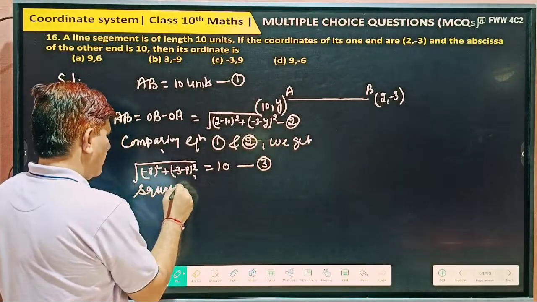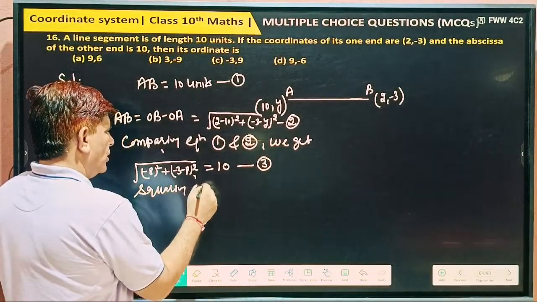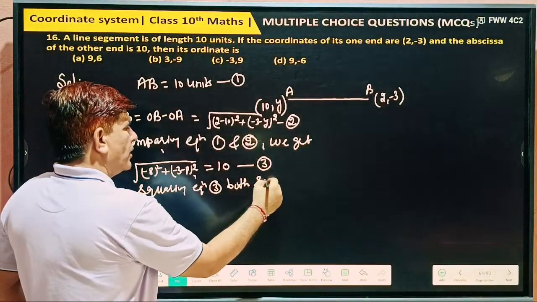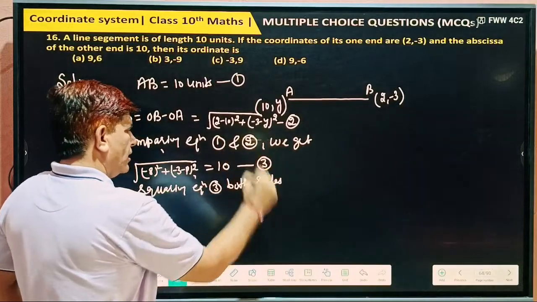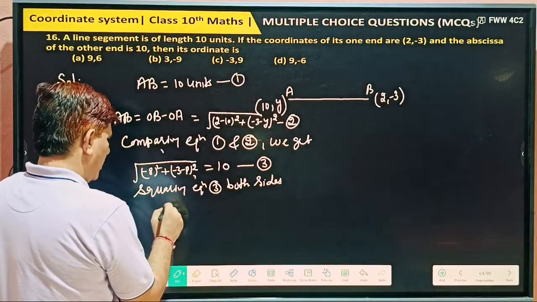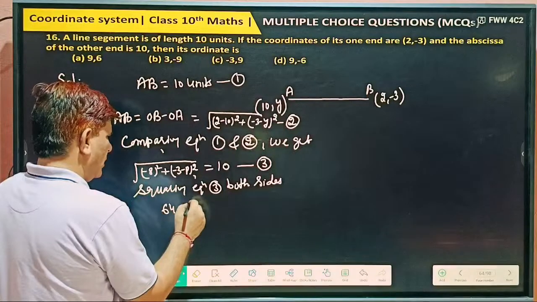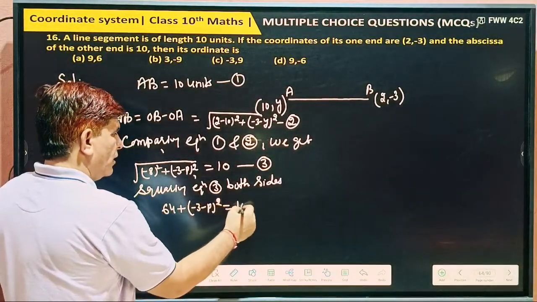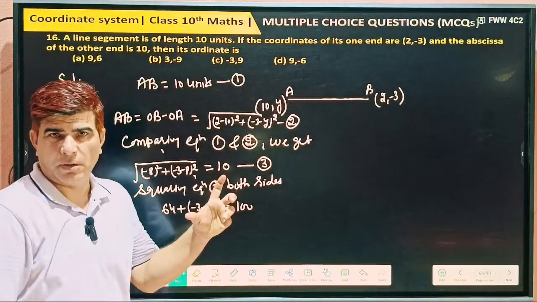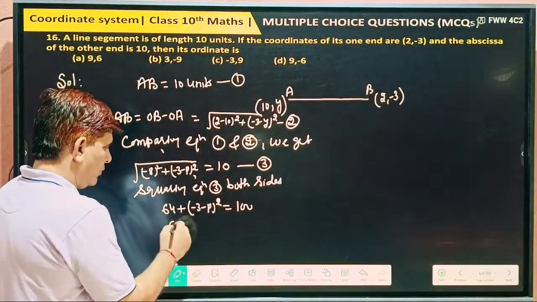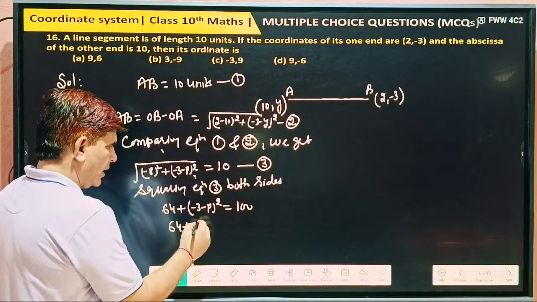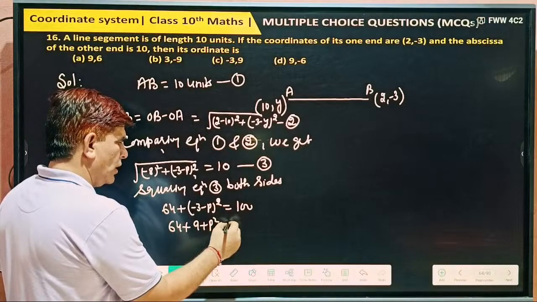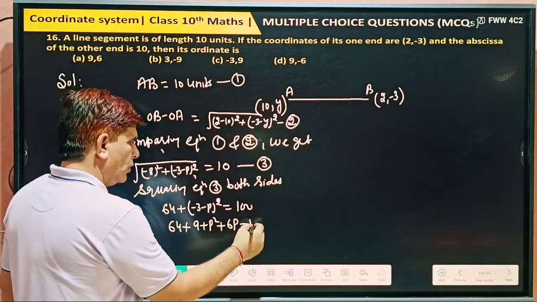Squaring equation 3 both sides, meaning left hand side and right hand side: 8 square is 64 plus (minus 3 minus p) whole square is equal to 100, since the square of 10 is 100. So 64 plus 9 plus p square plus 6p equal to 100.